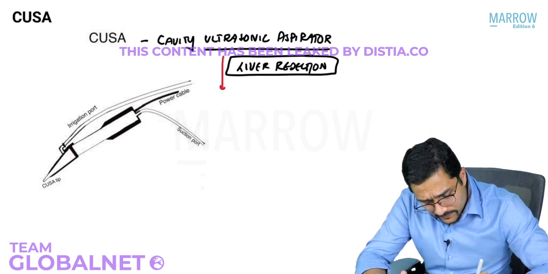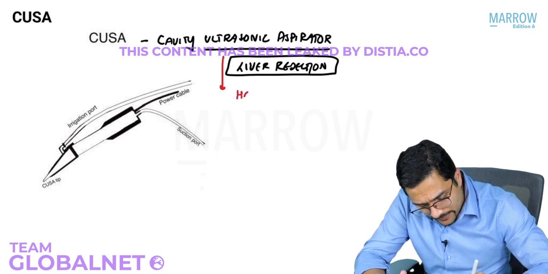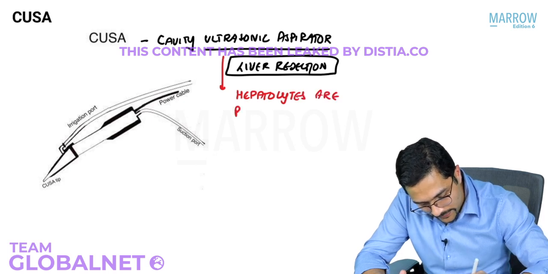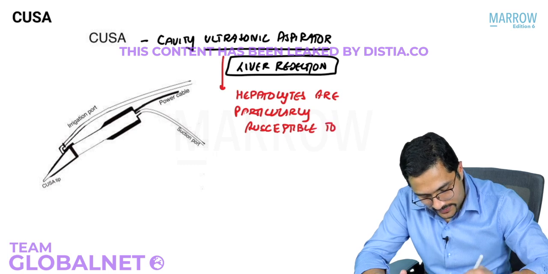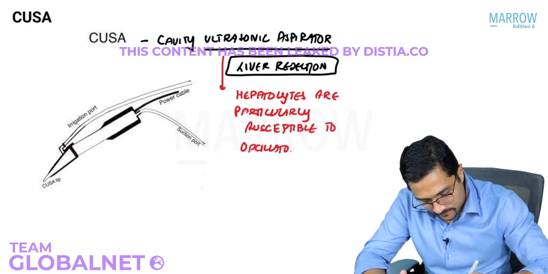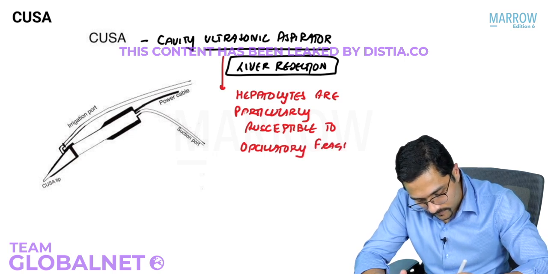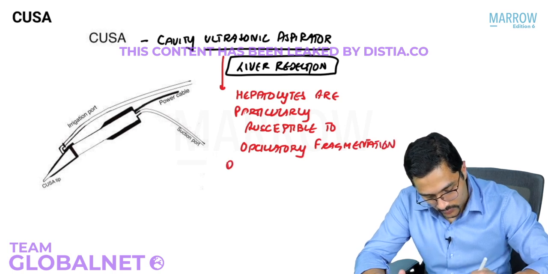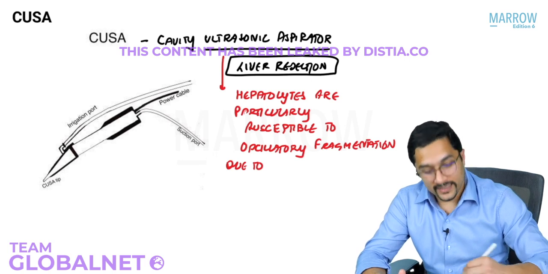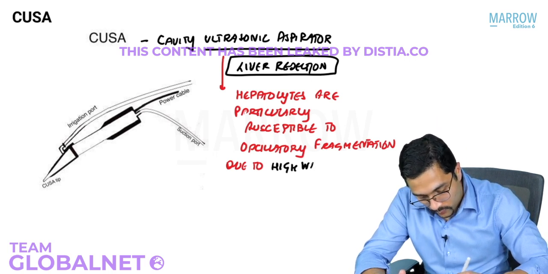Now, CUSA works on the principle that hepatocytes are particularly susceptible to oscillatory fragmentation due to high water content and low collagen.